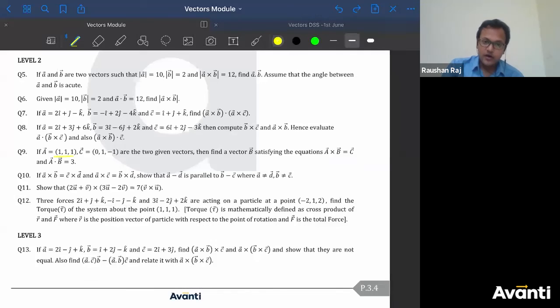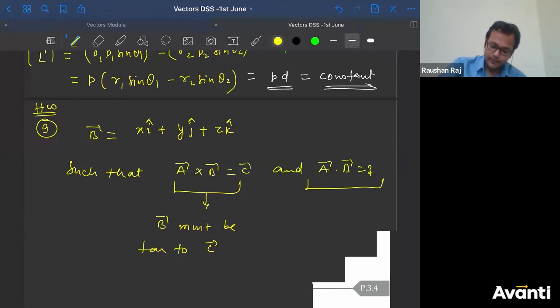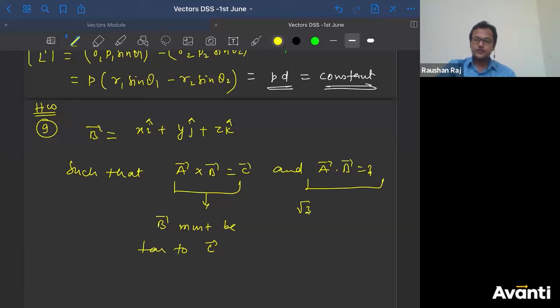A vector is 1, 1, 1. What will be the magnitude of 1, 1, 1? Square root of 1 square plus 1 square plus 1 square, into B into cos of the angle between A and B. We don't know the angle for now. Got it? Did everyone understand? So root 3 times B cos theta must be 3.